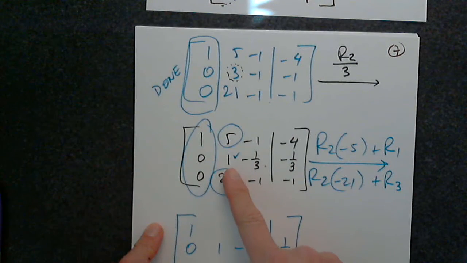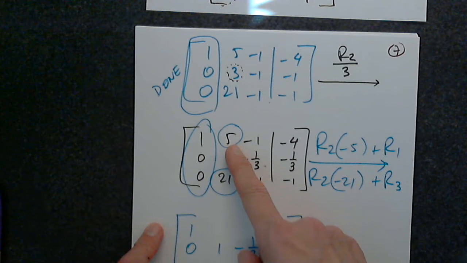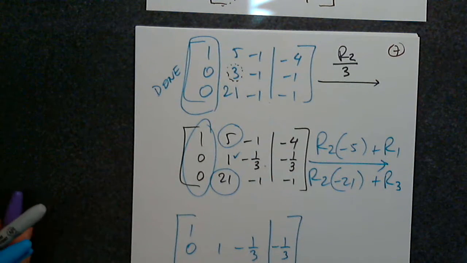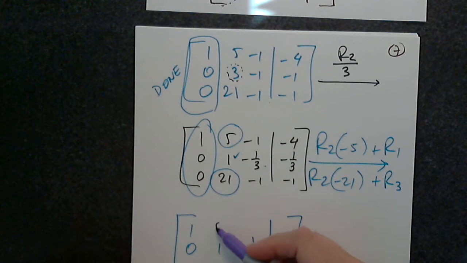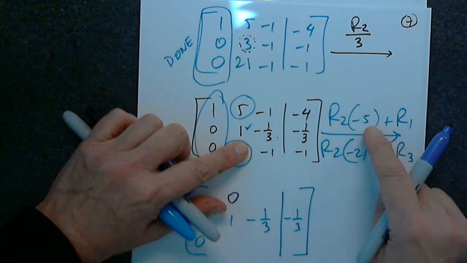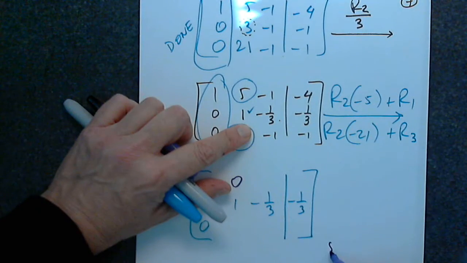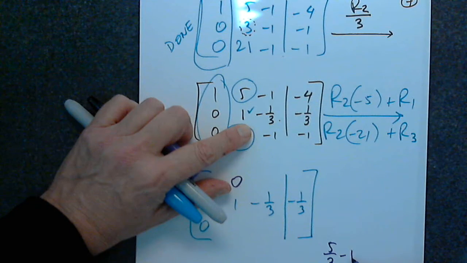Careful now. 1 times negative 5 plus 5. What is it? Perfect. Now let's do this aside. Negative 1/3 times negative 5 is 5 divided by 3, and I have to subtract 1, which will be 2/3.